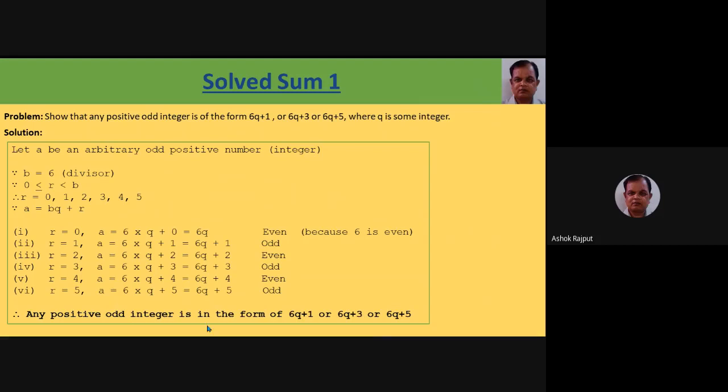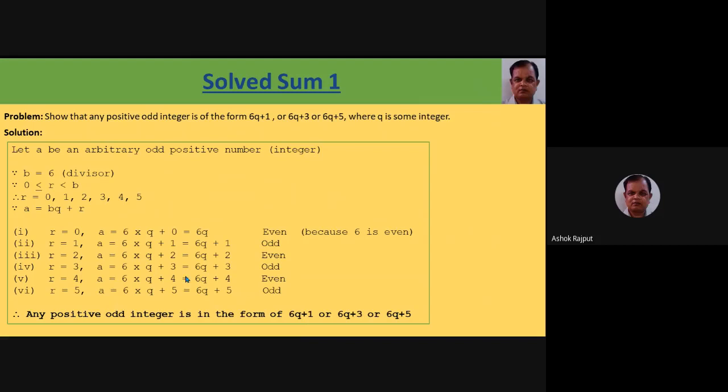So any positive odd integer is in the form of 6q plus 1 or 6q plus 3 or 6q plus 5. We have justified it here.